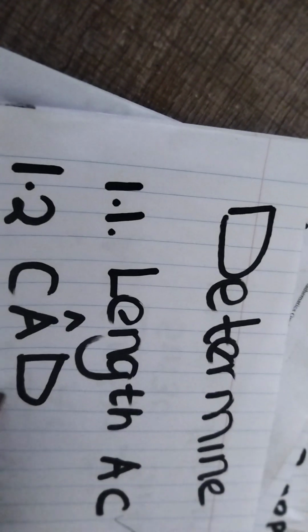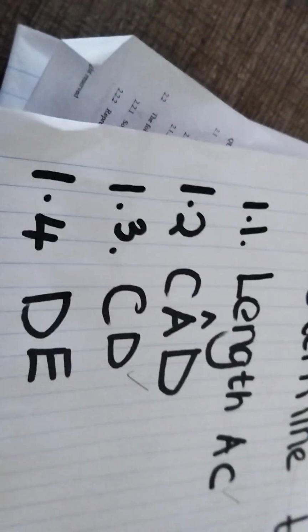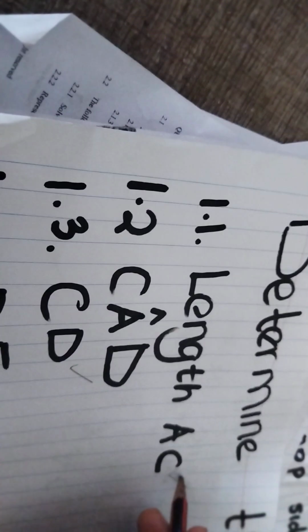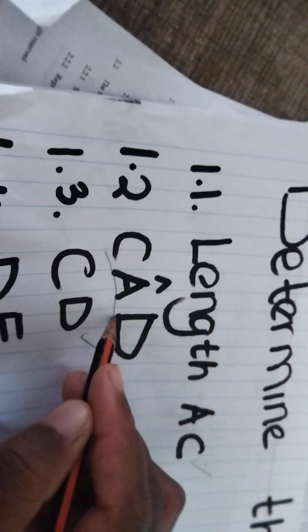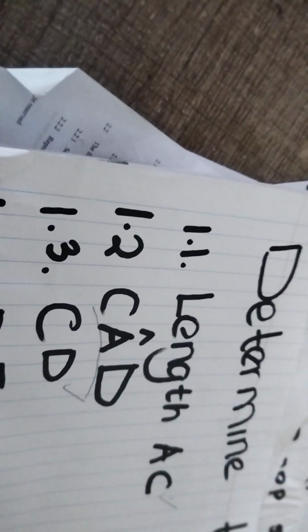Then moving to the next question. Where was I? Okay, the next question is to determine the angle CAD. Looking at the diagram, we are looking for angle C, A, and then D here.